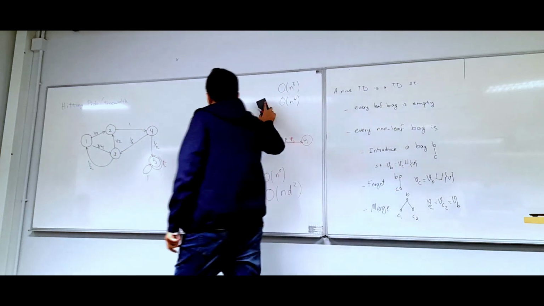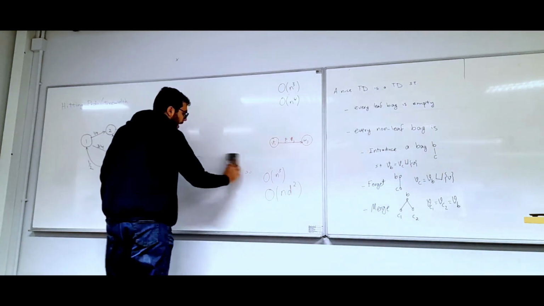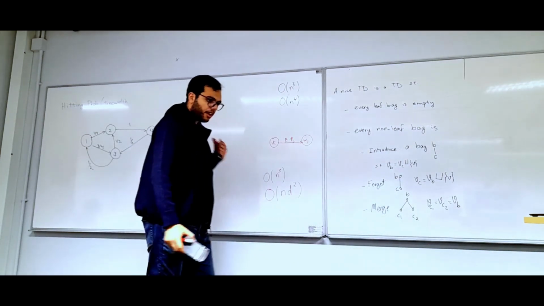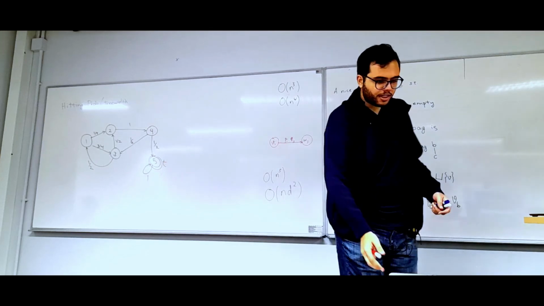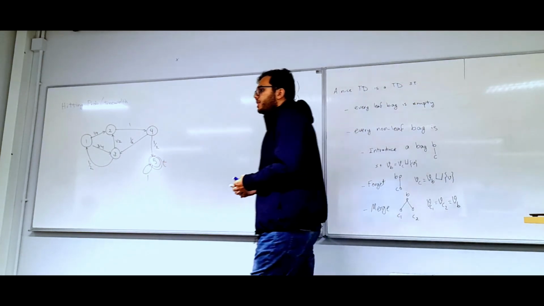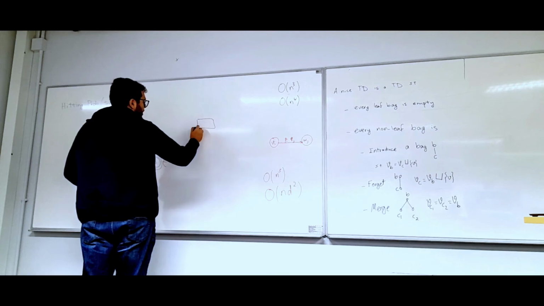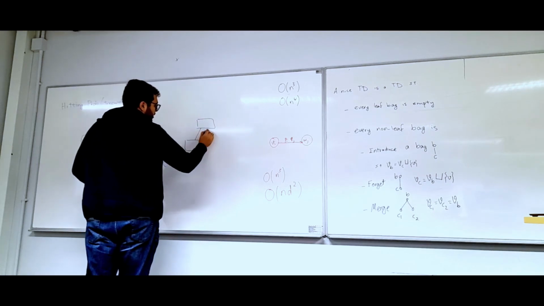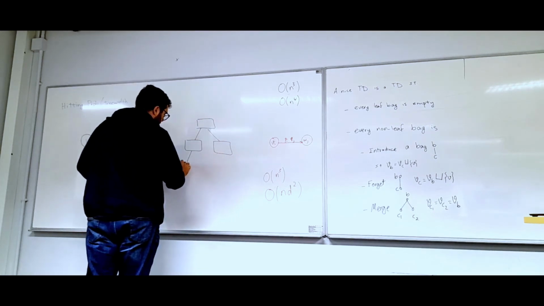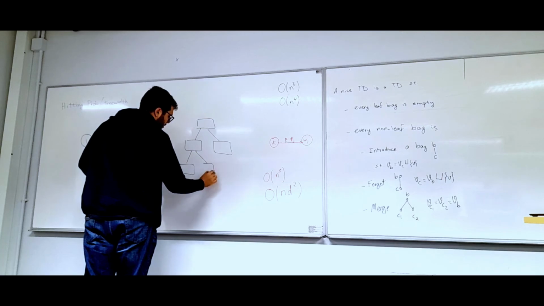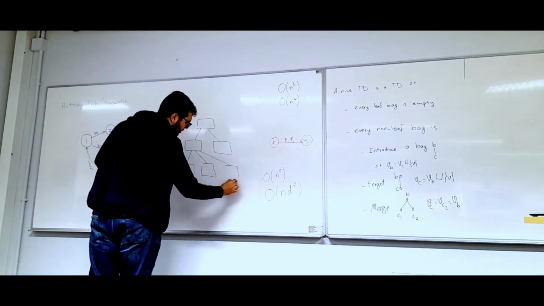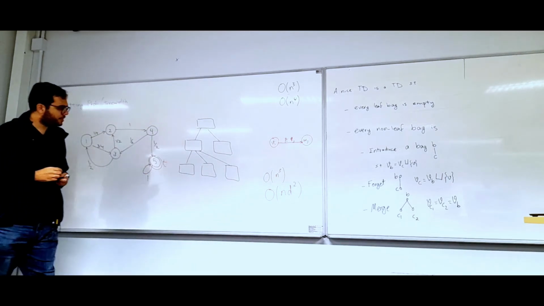Okay, so let's say that I have a tree decomposition of my Markov chain. And I don't need the tree decomposition to be nice anymore. I just take any tree decomposition. So let's say this is a tree decomposition of my Markov chain. Just to show it's not nice, I'm going to add to it.